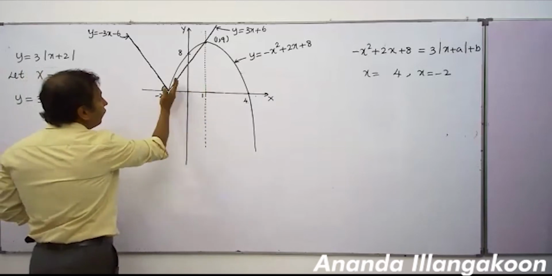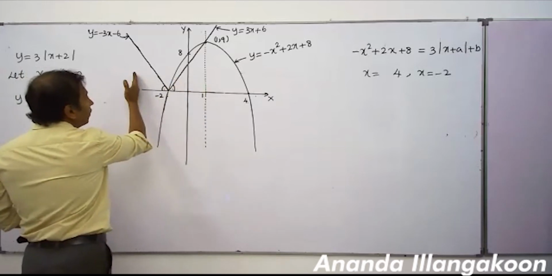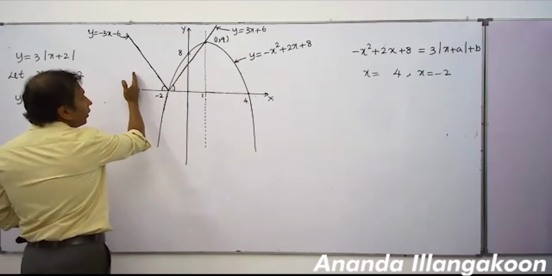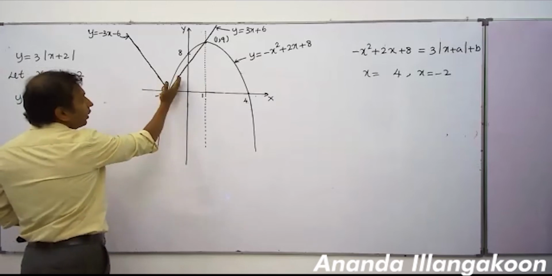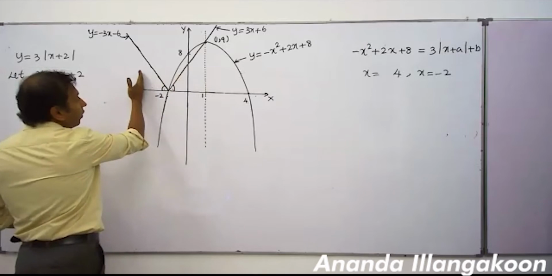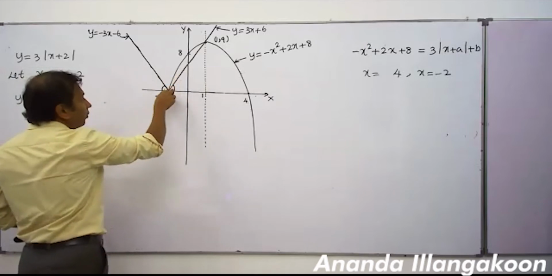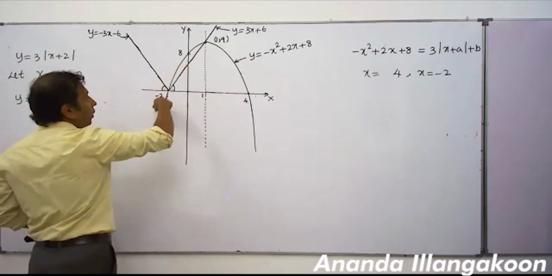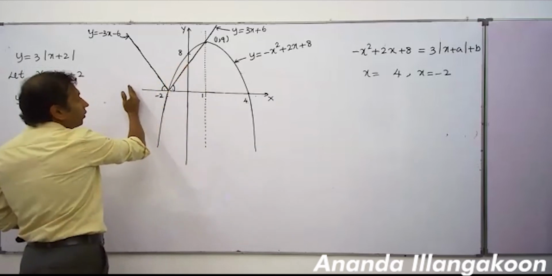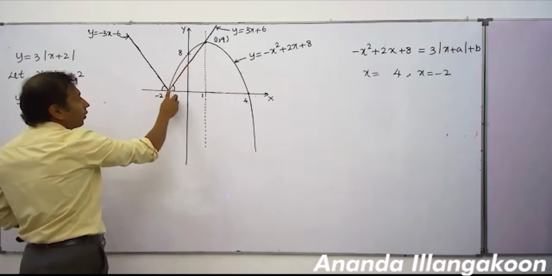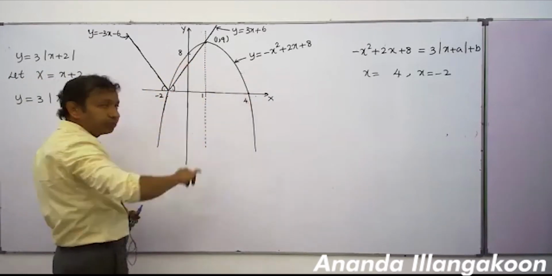Why? If we take it this way, this changes at minus 2, no? When I take this side, this line passing like this, but we can't draw, right? Once you take this one, people, the V-shaped graph should pass through this point and this point, both, no?